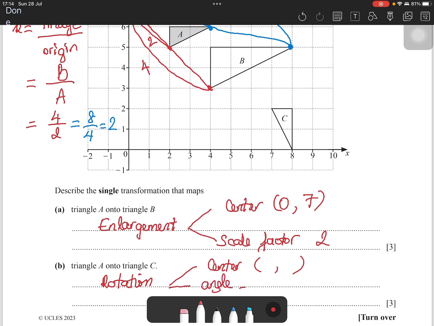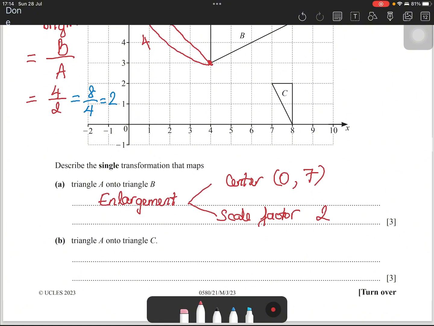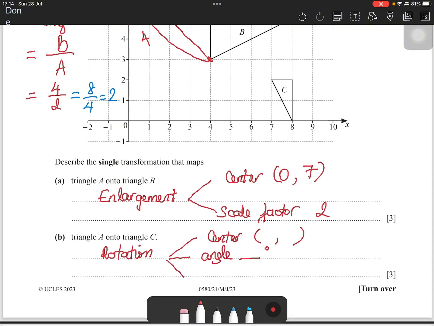And finally, we also need to know, is it clockwise or anti-clockwise? Or you can write counterclockwise. So we need to find these three.